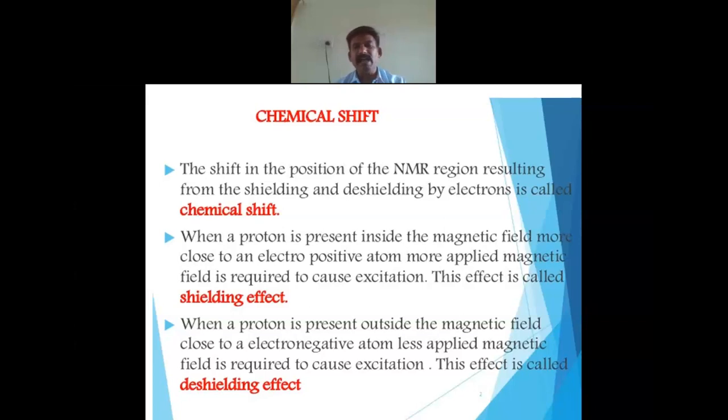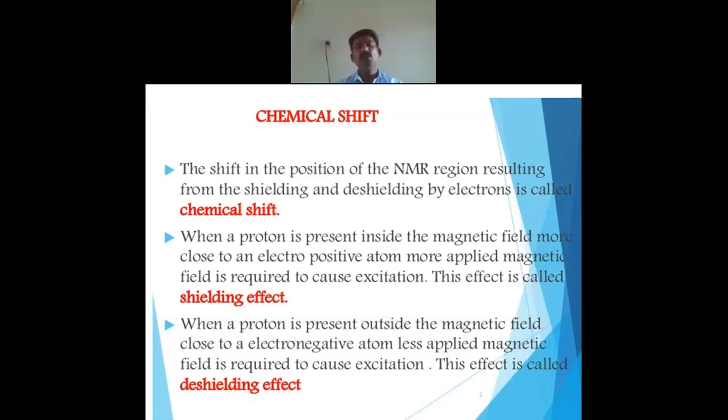When a proton is close to an electronegative atom, such as Cl minus in methyl chloride, CH3Cl, the organic compound is negative, whereas CH4 is positive. So CH3Cl is close to an electronegative atom and requires less applied magnetic field, which means it goes downfield.